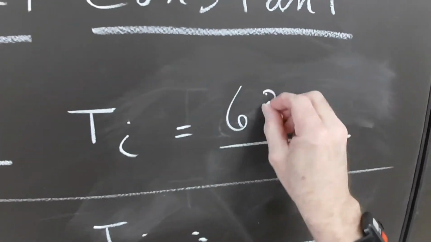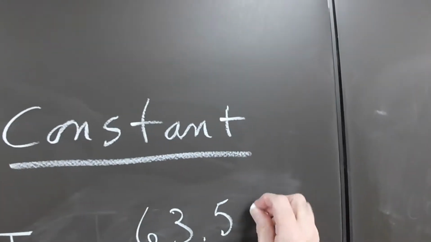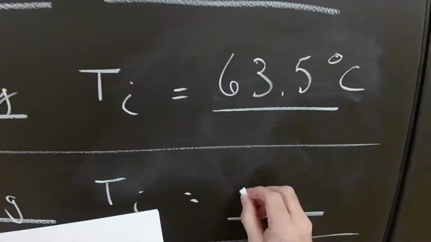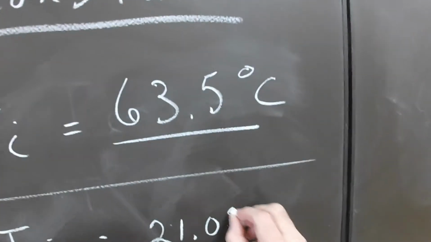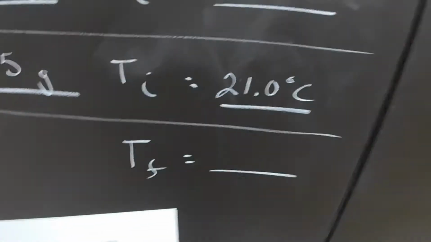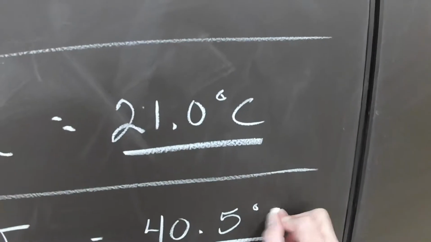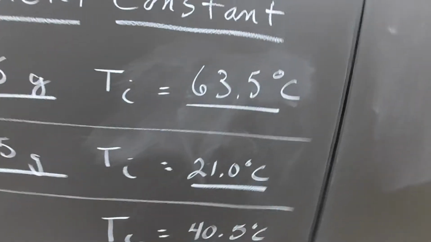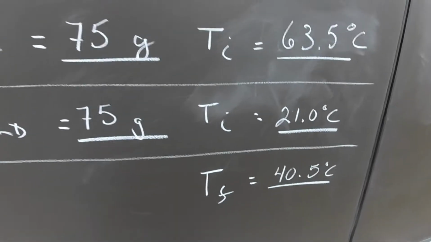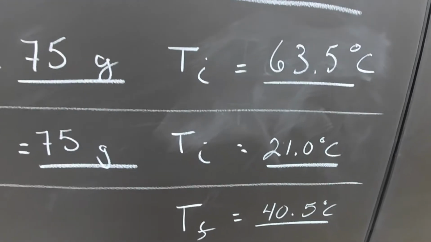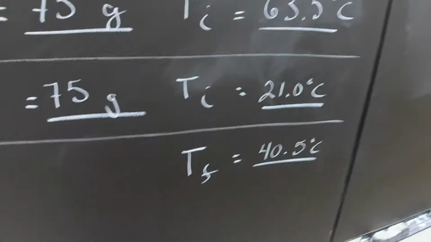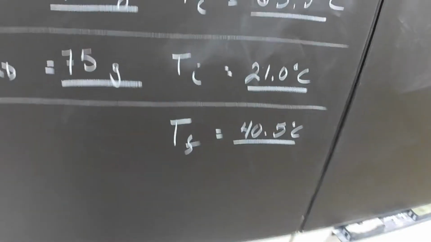That's the hot water, 63.5 degrees. And this is 21.0 degrees. And then the final temperature is 40.5 degrees centigrade. Okay. We have all the information we need to calculate the calorimeter constant. We're going to go ahead and finish the experiment, and we'll come back and do the calculations afterwards.